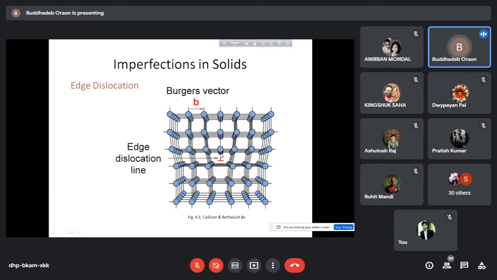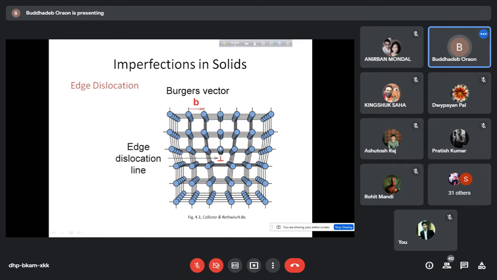You see this line, the dislocation line, is this one. Here it is not very clear. This here is your dislocation line, perpendicular to the page.